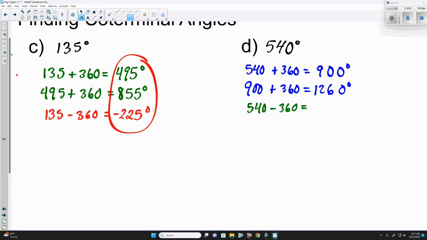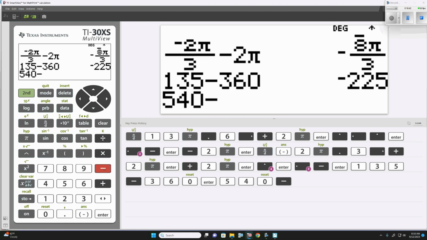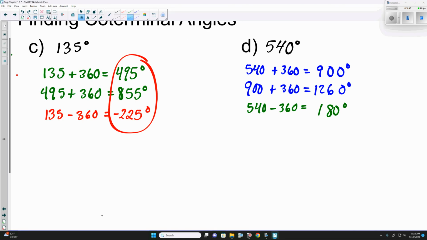Now we can also subtract 360 from 540, which is 180. Well, 180 is still a positive angle. We need a negative angle. So what do we need to do? We need to subtract it again. So our first negative angle we get is negative 180.